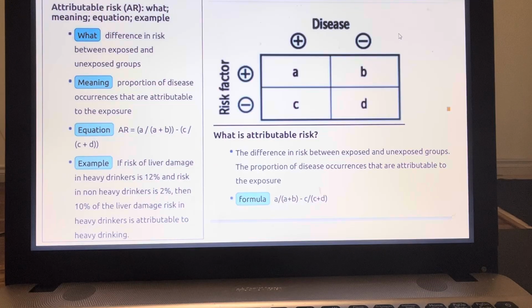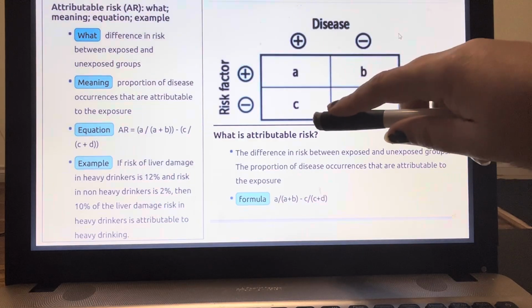Now we have attributable risk. The difference in the risk between the exposed and unexposed group. So it is the proportion of disease occurrence that is attributed to the exposure.